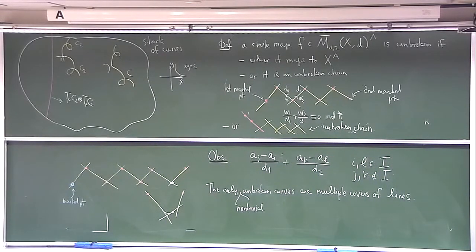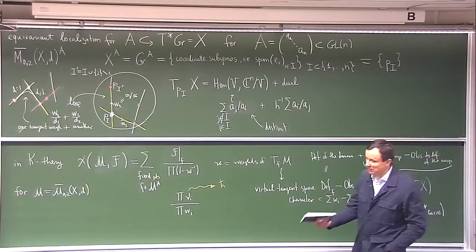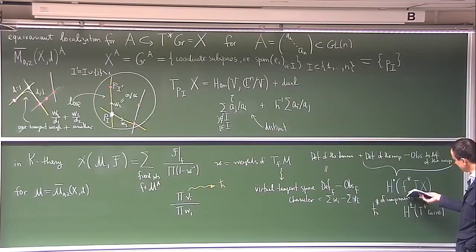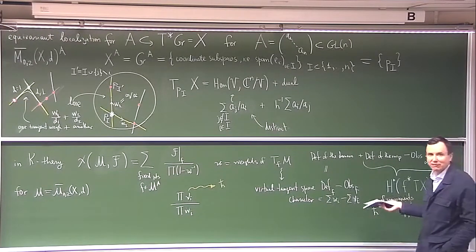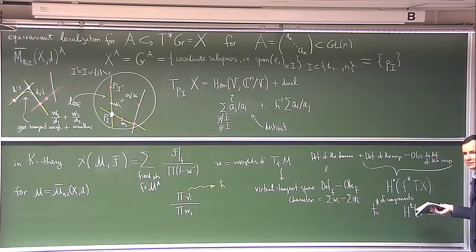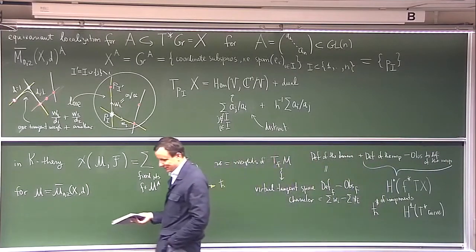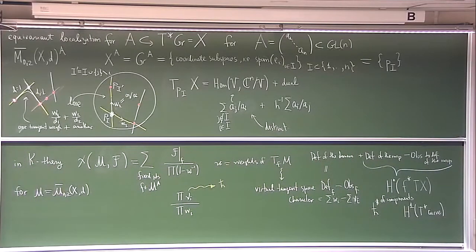Well, there's some yoga for how you compute multiple covers. If you have your multiple cover, the pullback of this tangent bundle will be something. You have to think what it is. It will be some numerator over denominator.